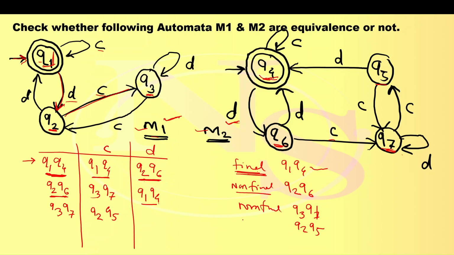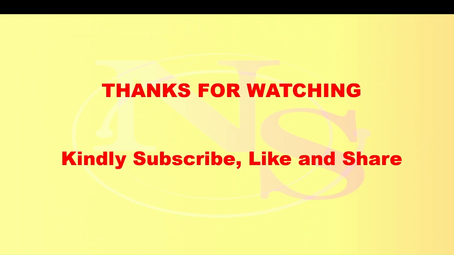Both are non-final, so no issue. On reading the same input, these states are going to non-final and following the same behavior. Repeat Q3 Q7 for D: Q3 on D goes to Q3, Q7 on D goes to Q7. So Q3 Q7 is covered, both are non-final, following the same behavior.